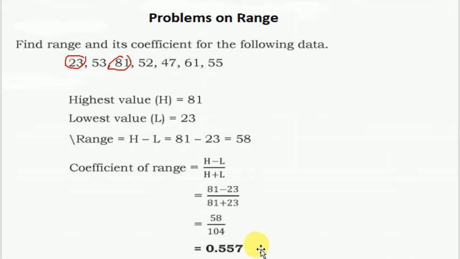So this is the coefficient: the range is an absolute measure, that is 58, and the relative measure is 0.557.